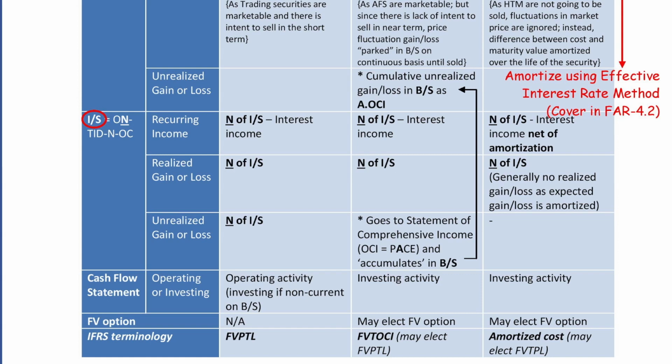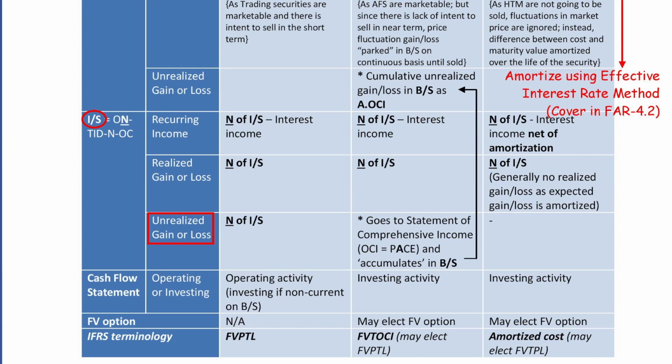Now, if the debt securities are sold, and that's applicable for trading or available for sale securities, the realized gain or loss on the sale of those debt securities again is part of non-operating income on the income statement. However, if there is, put a box around, unrealized gain or loss, which means there's a fluctuation in fair value.